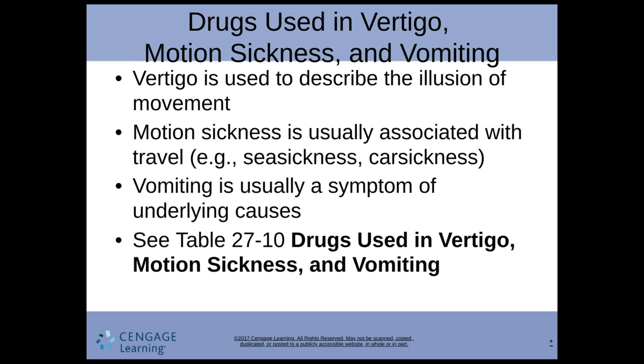The things that you can take for that, maybe you've heard of Dramamine. It's something to help stop that motion sickness or seasickness or dizziness, right? We'll talk about that quite a bit more as we move forward in other sections.